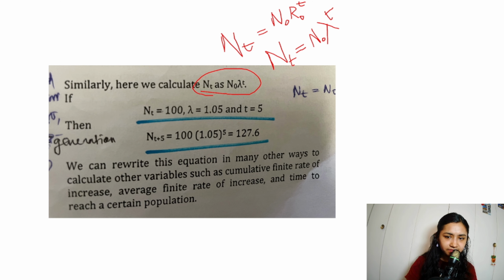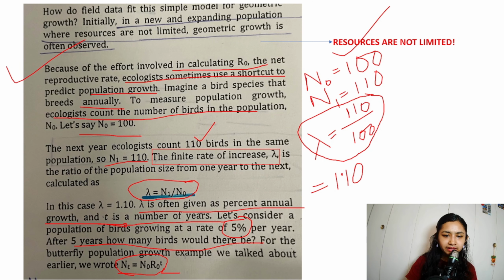So the question was, let's consider a bird population growing at a rate of 5% per year. So per year it is increasing at a rate of 5%. After 5 years, how many birds would be there?